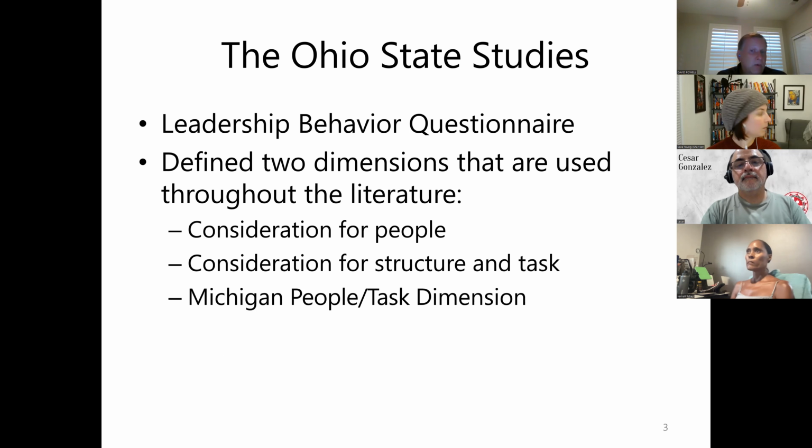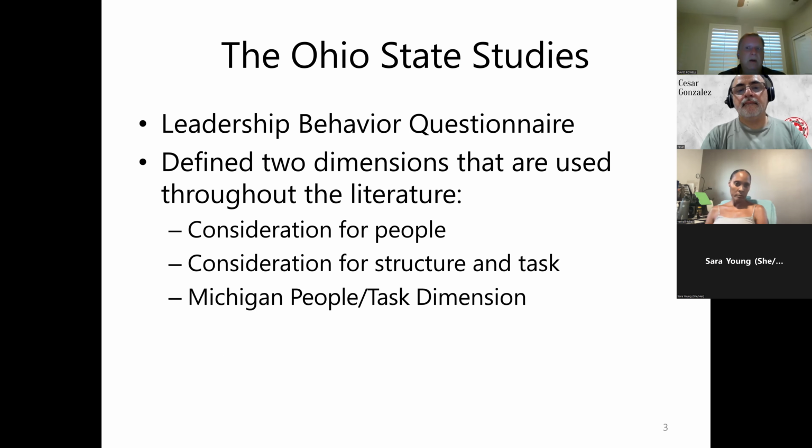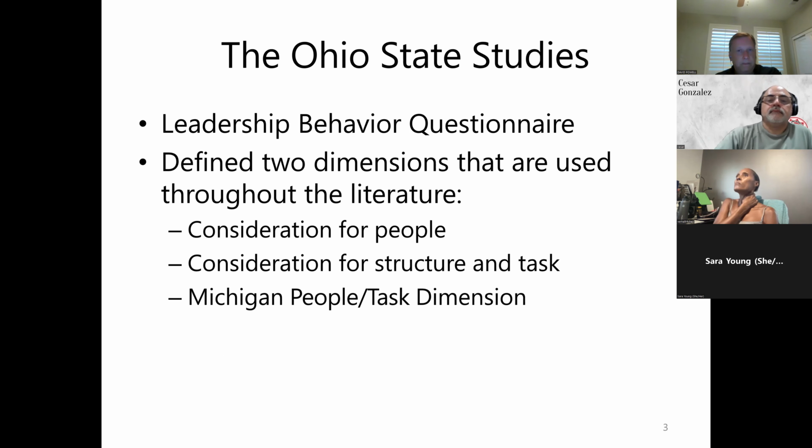For consideration for structure and task, we're really talking about a focus on productivity. These are leaders who are much more focused on getting the job done and making the organization productive, as opposed to forming tight relationships with their employees. So the Ohio State studies give us two dimensions to compare leaders on: consideration for people, relationships; and consideration for structure and task, productivity.